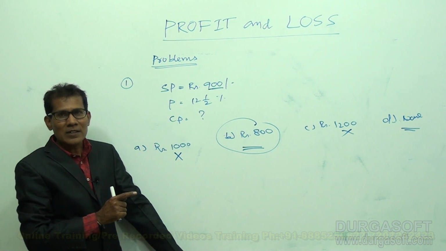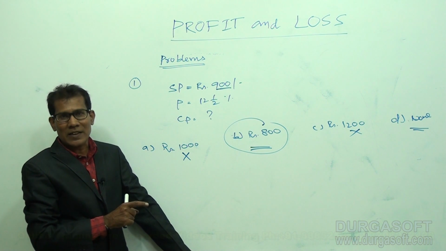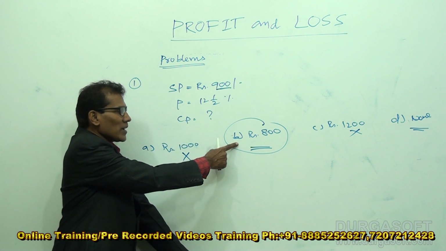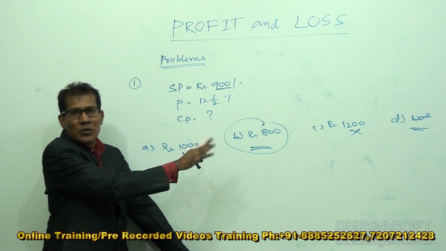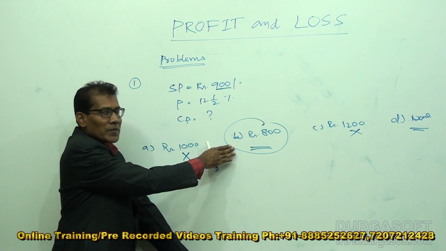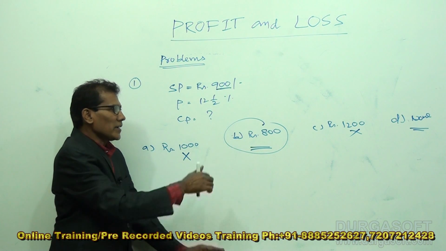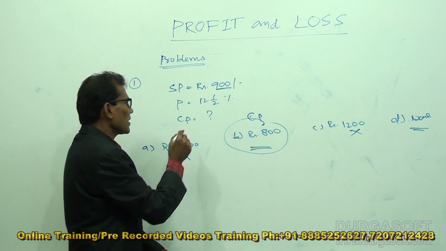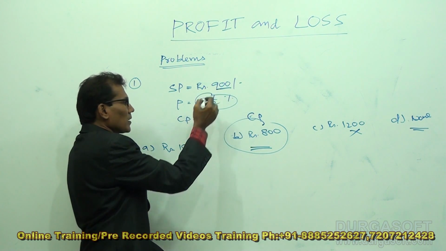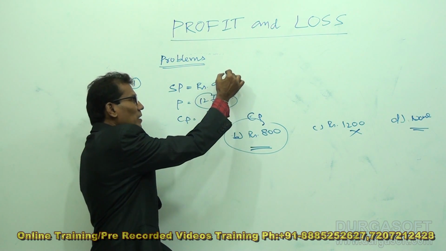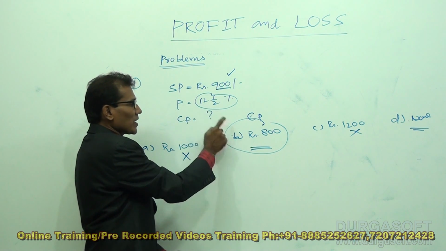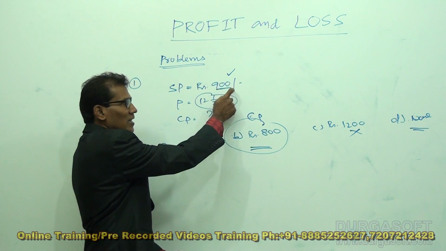The gain percent or loss percent must always be calculated only on cost price. Here we are considering 800 as the cost price, right or wrong we don't know, but we need to cross check this option. If 800 is going to be the cost price, we need to check whether 12.5% profit will give 900 selling price or not. So this 12.5% must be calculated on cost price but not on selling price.